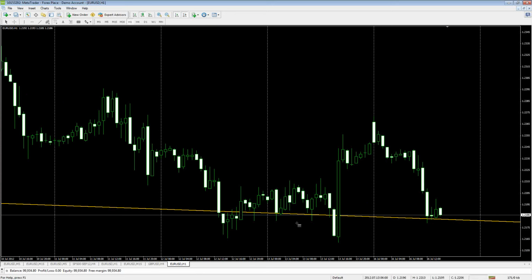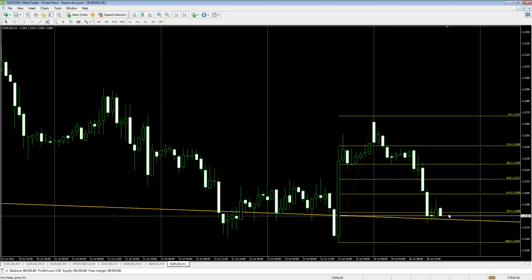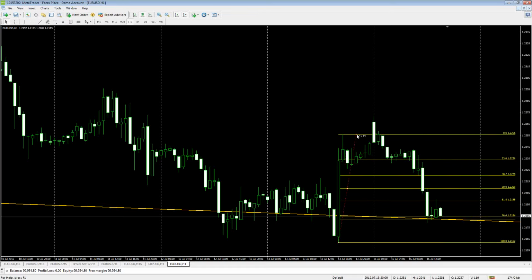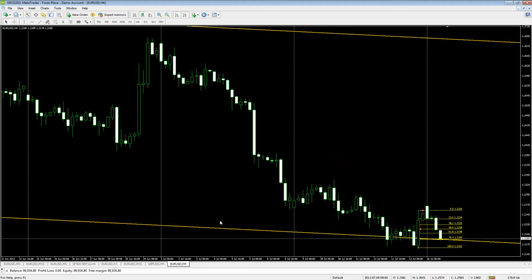I remind you the 76.4 or the 78.6. So something around here with this level, or if you stretch the Fibonacci level to Friday's high, you can see it's really sitting exactly on the 76.4. But again, even without the Fibonacci, you can see how the channel is giving very strong support.